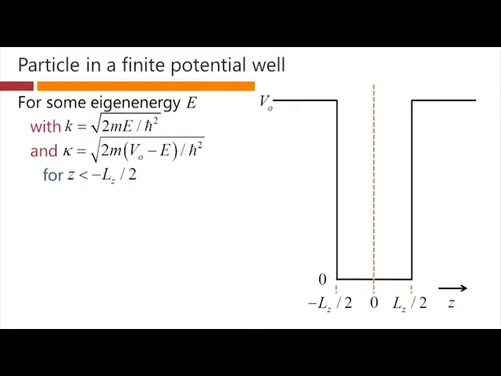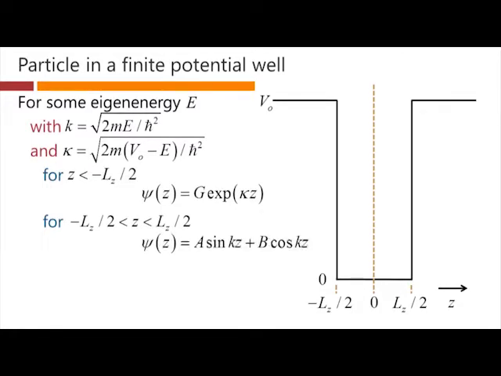So for z less than minus Lz over 2, that's over here, we would be saying the solution is a decaying exponential. Now, because we're heading off in negative directions, we've got a positive sign in the exponent here, but this is going to decay as we move to larger negative z, with some unknown coefficient g out front. And in the middle, between minus Lz over 2 and Lz over 2, we're going to have some sort of sinusoidal or cosinusoidal solution.